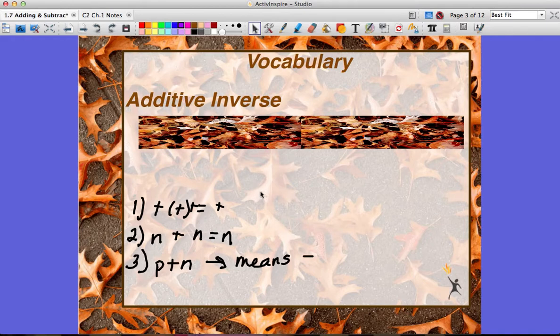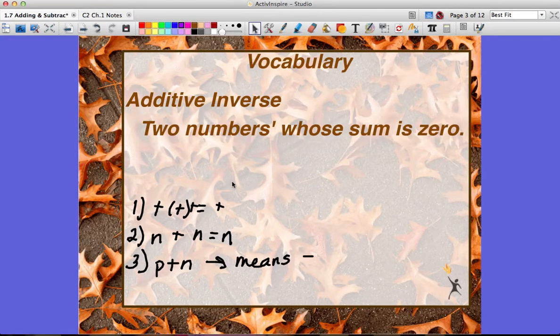It'll definitely help you out today when we talk about subtracting integers. The other thing that will help you is in your vocabulary you have the additive inverse. The additive inverse are two numbers whose sum is 0. So if I take a positive 10 and I add a negative 10, we know that our rule is, since it's a positive plus a negative, I'm actually going to subtract.